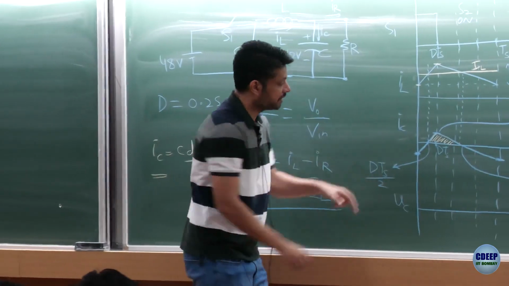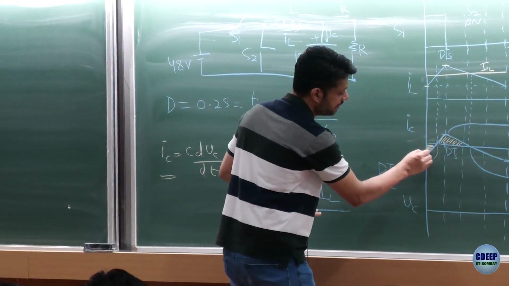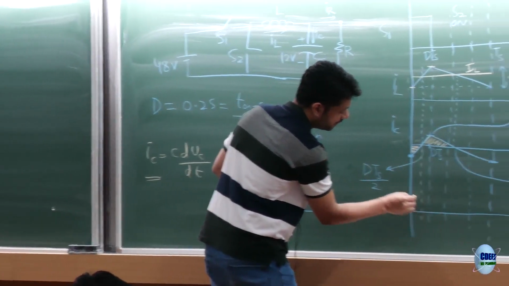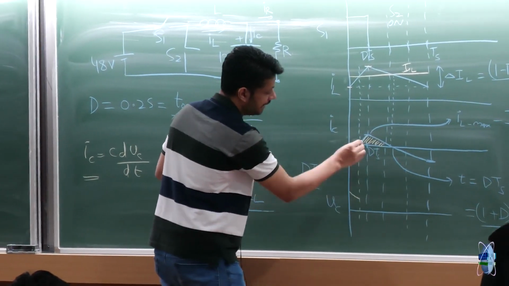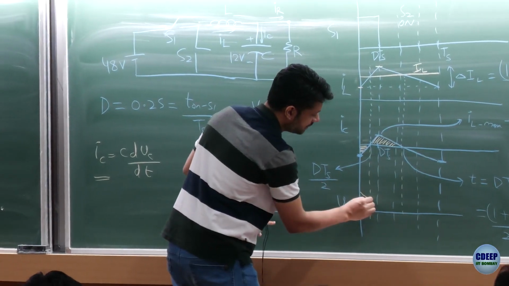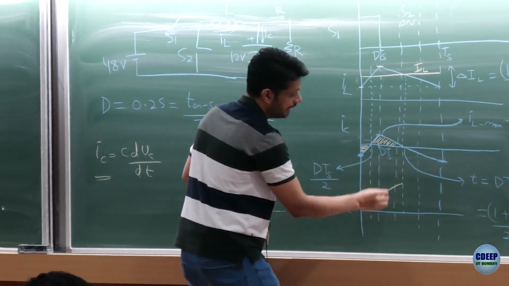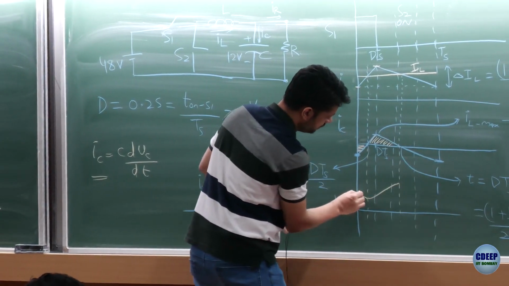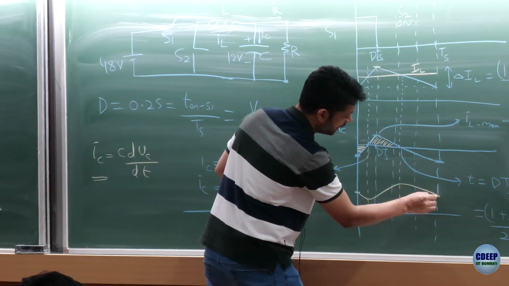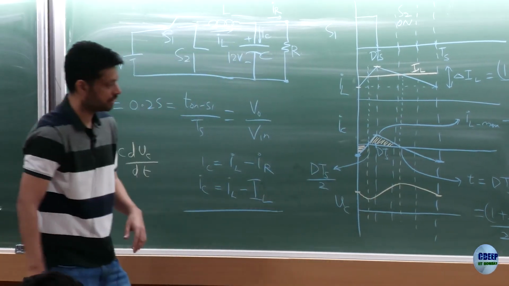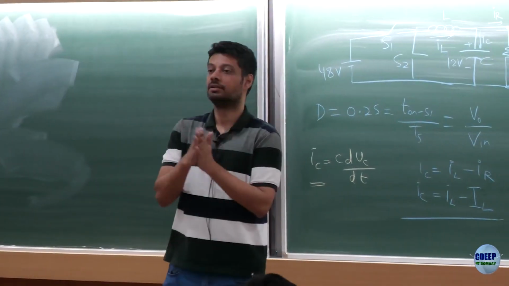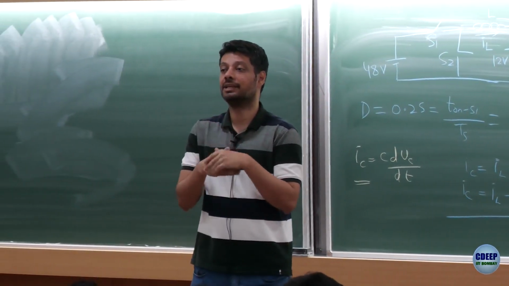In the first region, the current is negative, so that means voltage is falling, and then the current is positive, that means the voltage is rising, and then again the current is negative, so the voltage is again falling, coming back to the same position because it's a steady state. This is how Vc would look like. Is that okay? Anyone has any doubt?